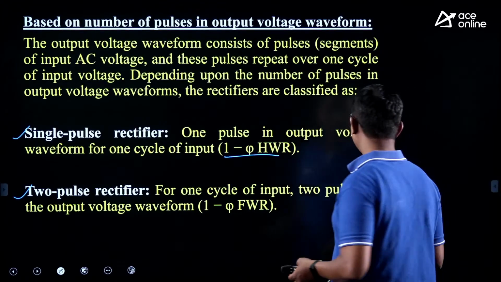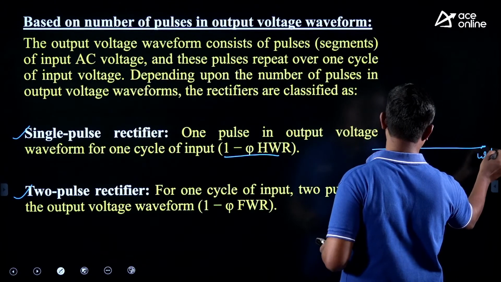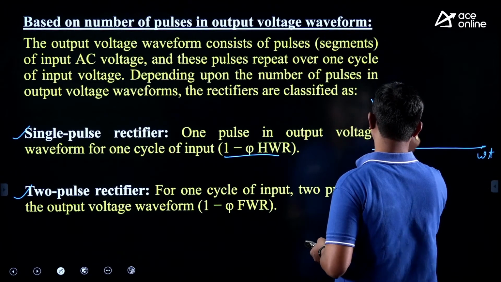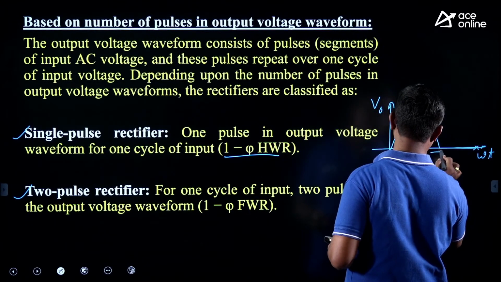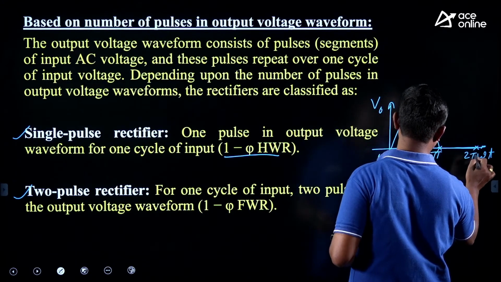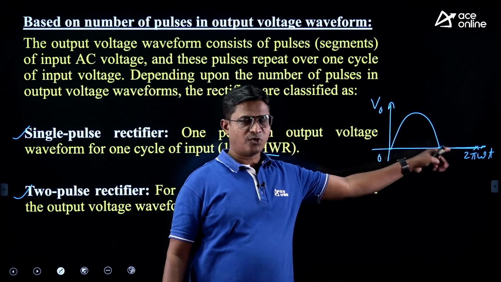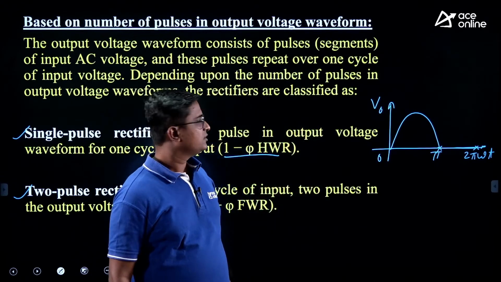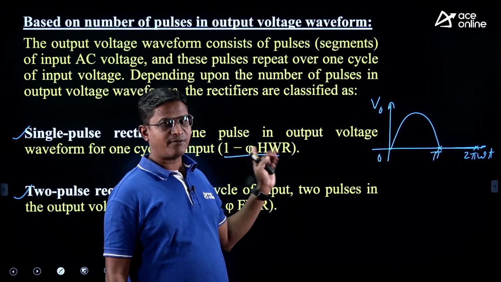So if you recall, in a single pulse rectifier, my output is like this. This is omega t and my V0. From 0 to pi it is non-zero and from pi to 2 pi it is 0, right? And again from 2 pi to 3 pi, we will be getting the positive half cycle. So this is the output I am getting for single phase, single pulse, that is half wave rectifier.